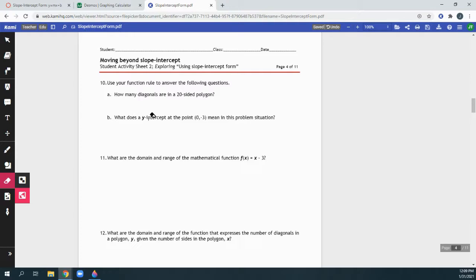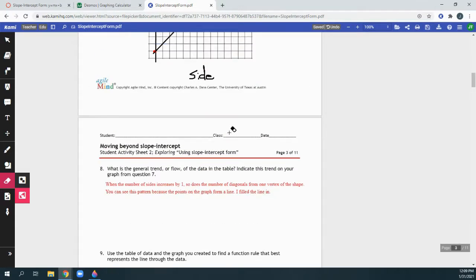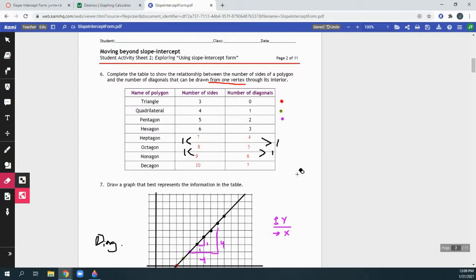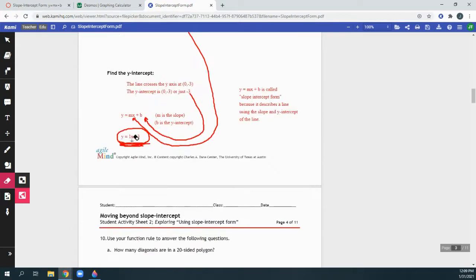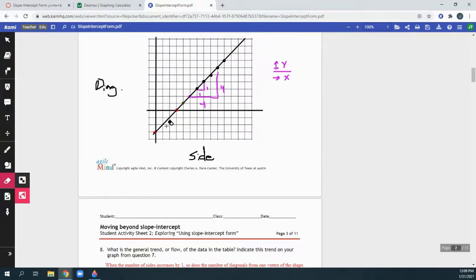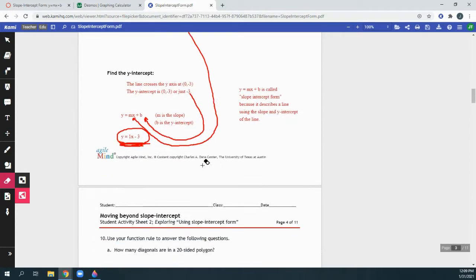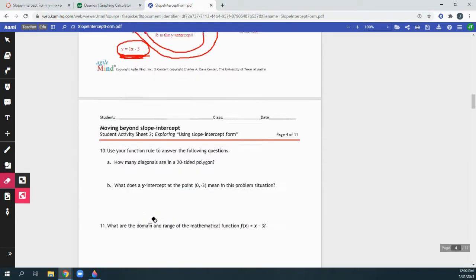Now they're going to ask, how many diagonals are in a 20-sided polygon? Now you could count up and figure it out, but we just came up with this function that describes this pattern. So if I just follow this line up until x is 20, and I have 20 sides, that should work. So in other words, I can say, what if x is 20?